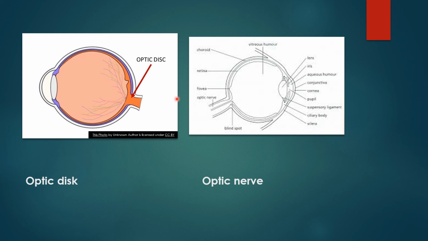And this disc area is the area in the retina where the optic nerve, the ganglion cell axons, leave the eye, and there are no photoreceptors, and that's why it is the blind spot of the eye.